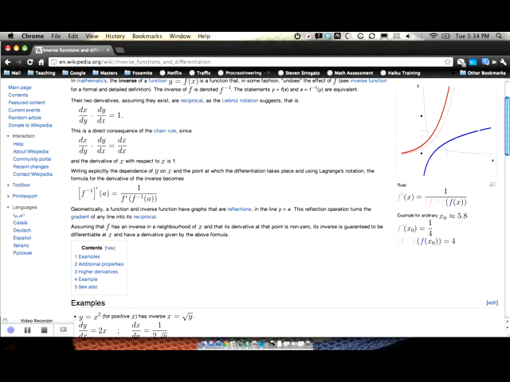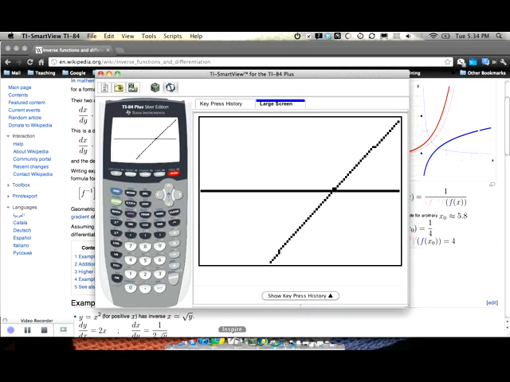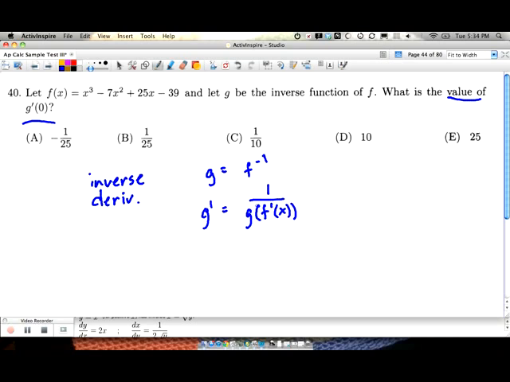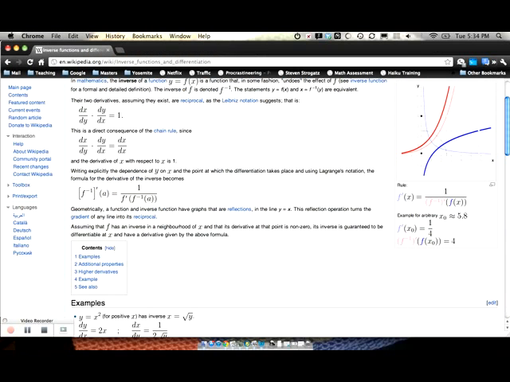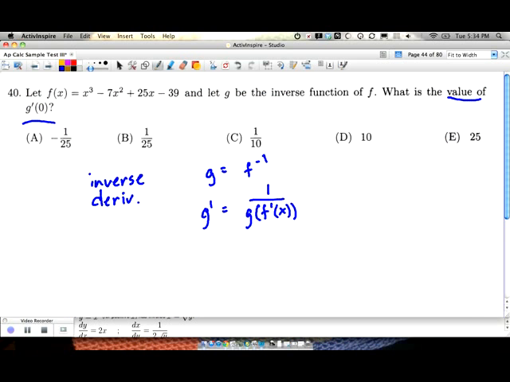Let me look this up just to check. We got that a little bit backwards. What we're looking for is f prime of f inverse of x. Did I get it right? G prime is 1 over f prime of g of x.